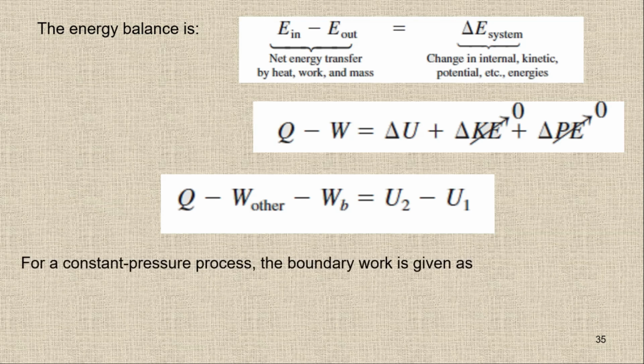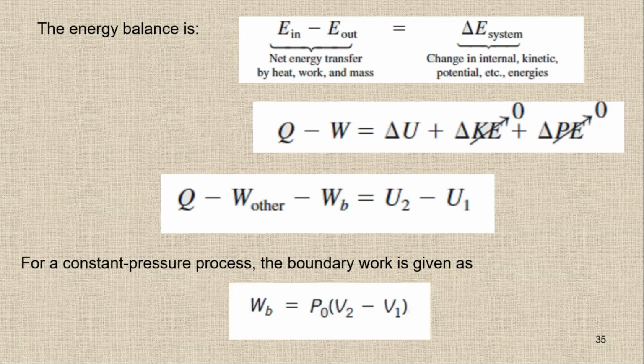For a constant pressure process, if you remember, the boundary work is simply P times V2 minus V1, or P delta V.